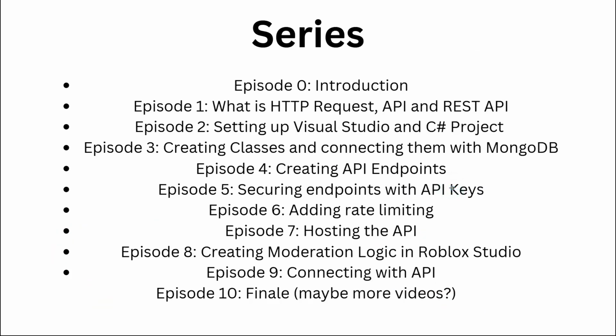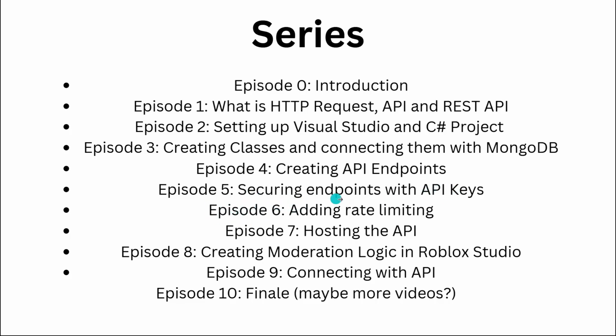Let me show you also what our series will be. This is episode 0, which is the introduction, where I showed you what the project is going to be. In episode 1, I'm going to explain what an HTTP request, API and REST API are. Then later we're going to set up Visual Studio and a C# project. We're going to create classes and we're going to connect them with MongoDB in episode 3. We're going to create the endpoints in episode 4. In episode 5 we'll secure the endpoints with API keys.